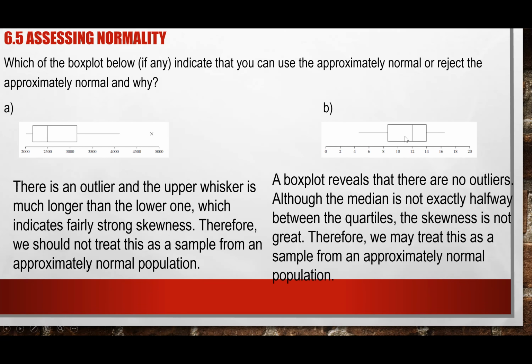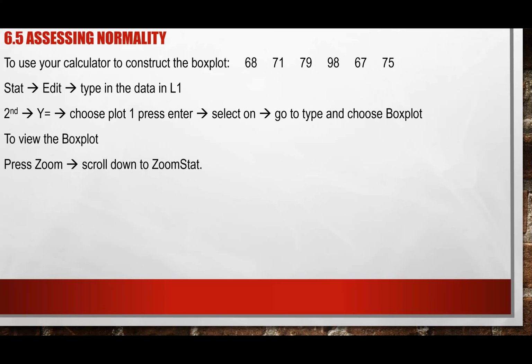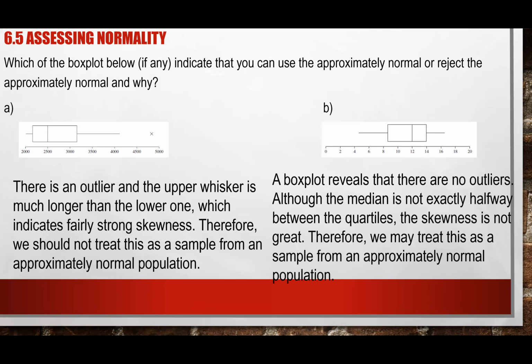Even though the mean and the median are not at the center, we can force our way and kind of use it. It's not the best because it's just an estimate. But basically, that's what 6.5 tells you: using the data we have, can you estimate a normal distribution?